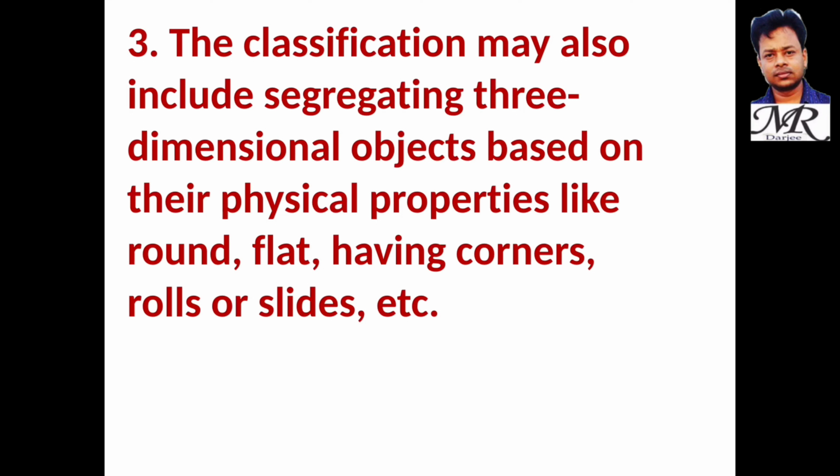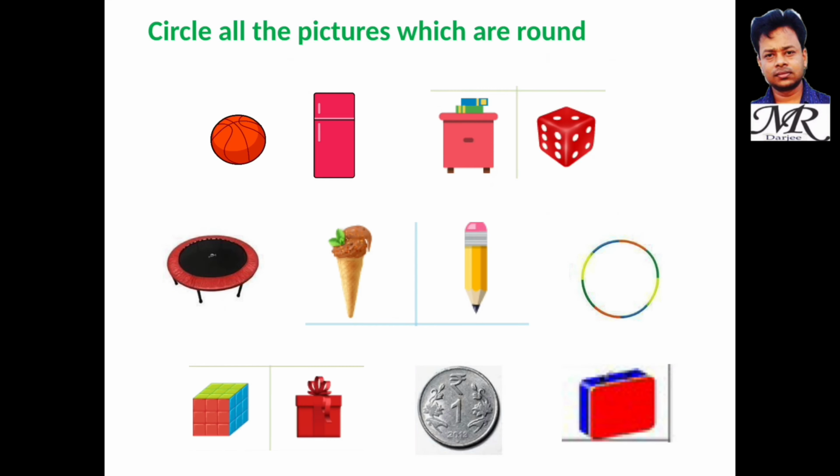The classification may also include segregating three-dimensional objects based on their physical properties like round, flat, having corners, rolls or slides, etc. Circle all the pictures which are round.